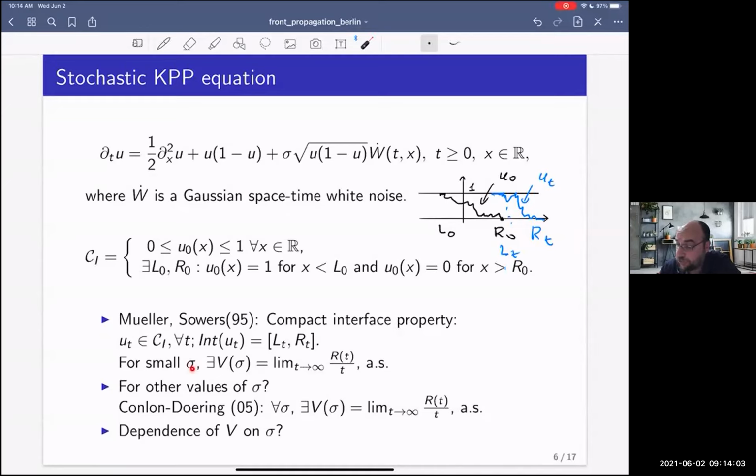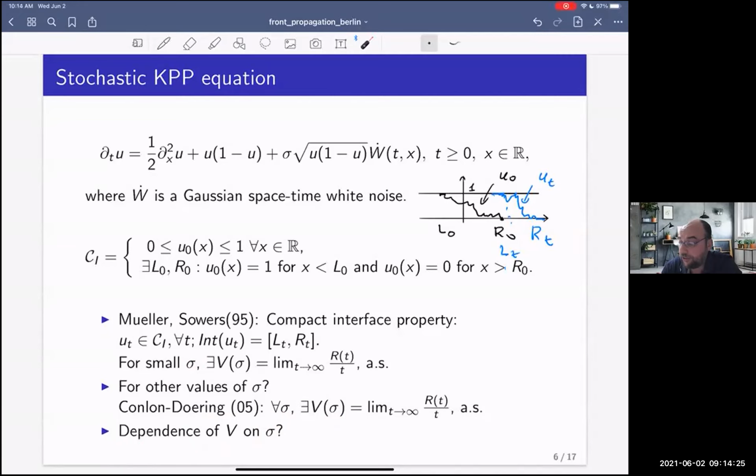And it was shown for small values of sigma. Then Conlon and Mueller in 2005 showed that in fact for any sigma, there exists a speed of propagation. And the question that we may ask is, what is the dependence of v on sigma?